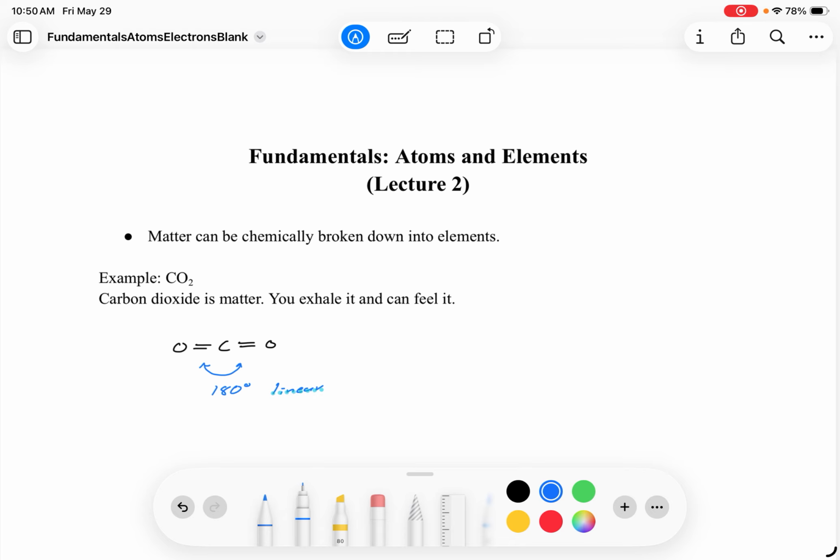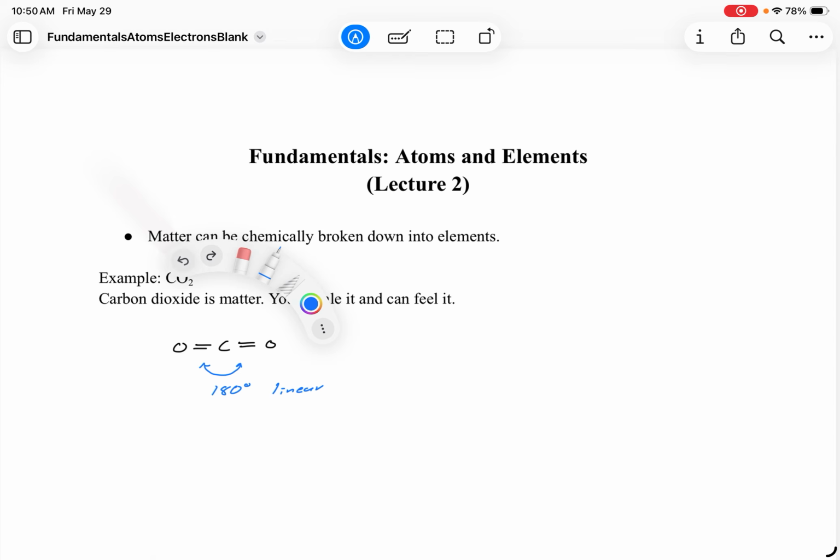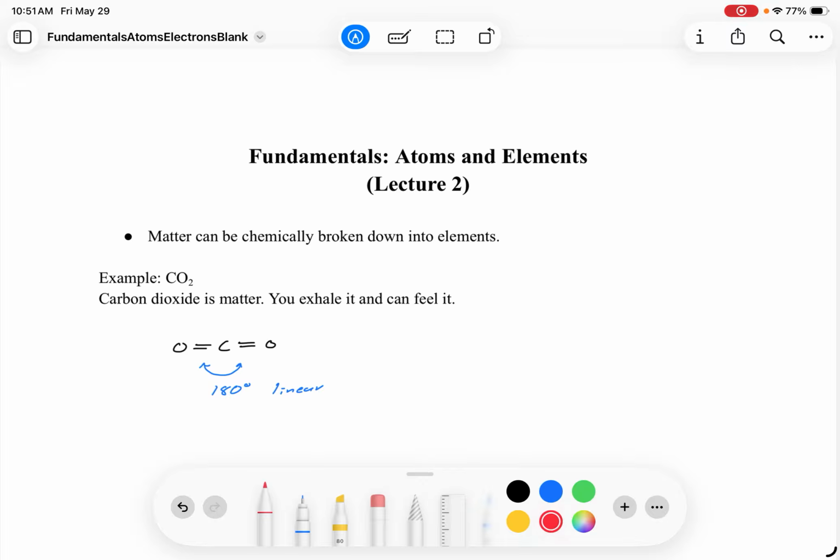Oxygen here is also more electronegative than C. And going back to last lecture, remember how we drew our arrows like this for water? We're going to draw them like this for carbon dioxide, to show that electron density is going towards oxygen.